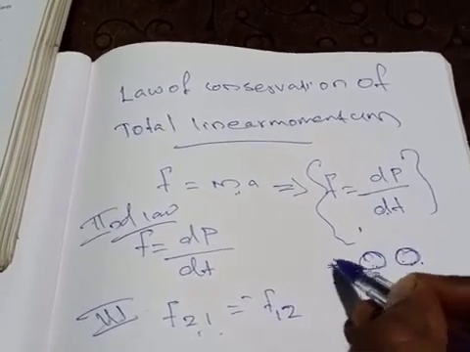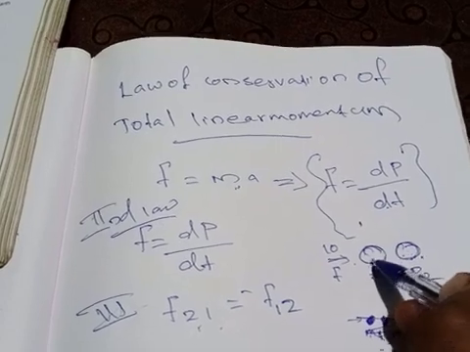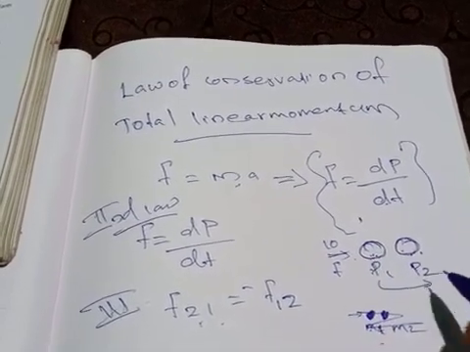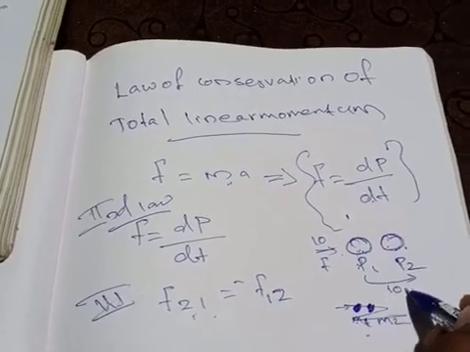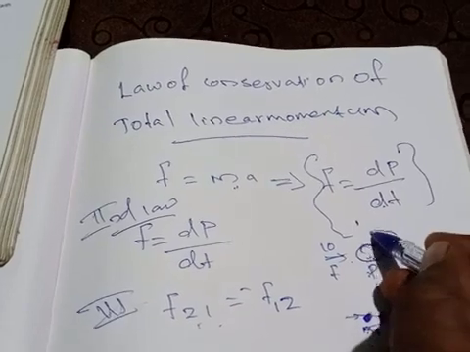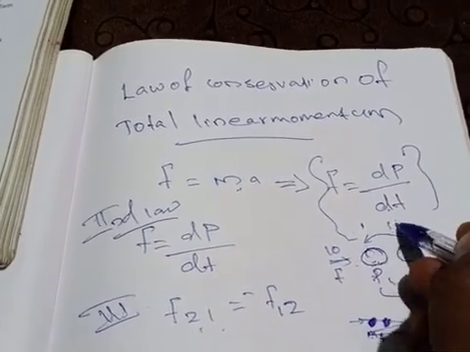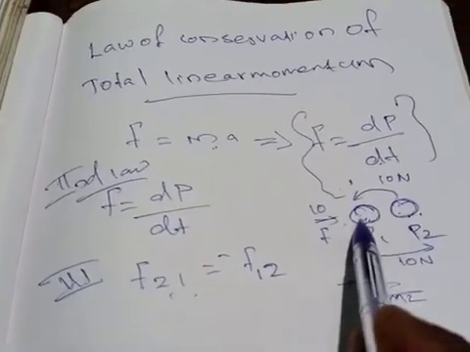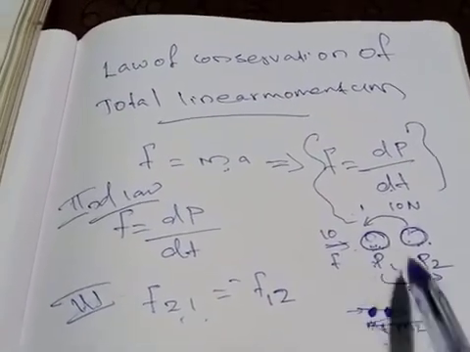Suppose you apply a 10 Newton force: particle 1 will exert the same 10 Newton force on P2, and from P2 the same 10 Newton force will act on P1. This is what is happening here.